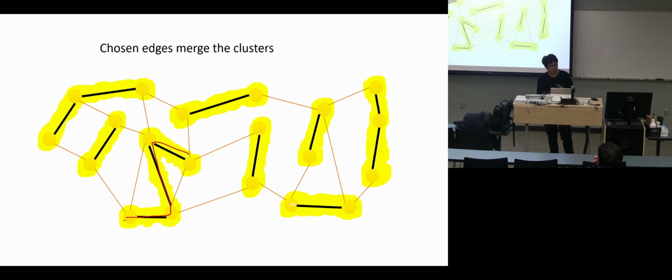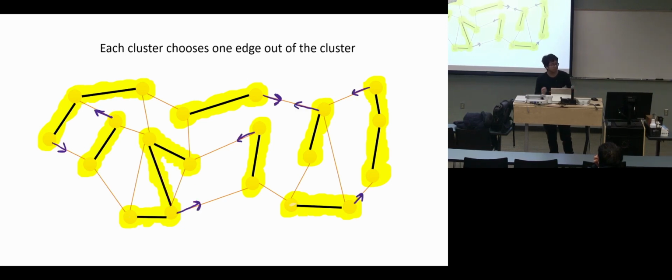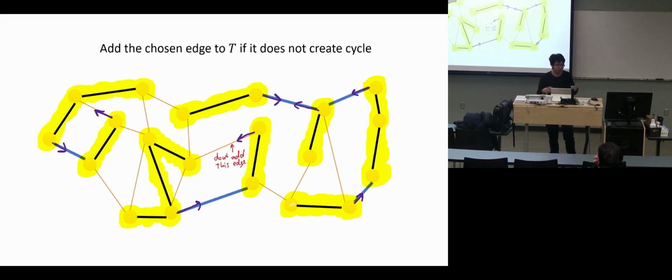And then once you're done with the first round, just continue. Each cluster chooses one edge going out of it, and then you try to add this chosen edge as long as it doesn't create a cycle. So this one you add. This one you wouldn't add anymore because otherwise it creates a cycle.